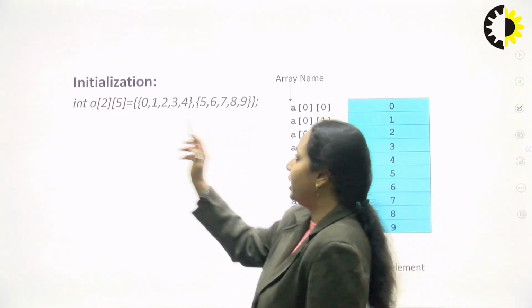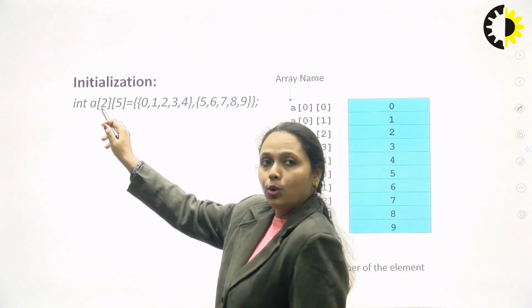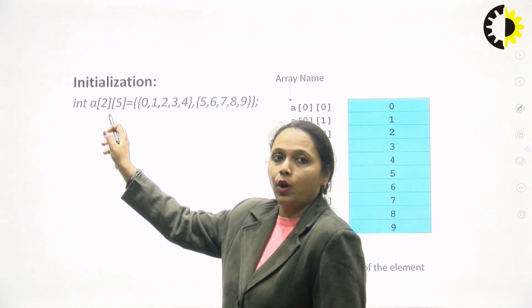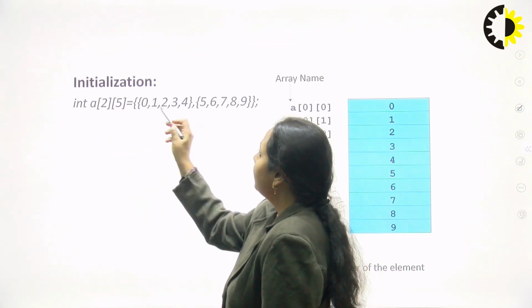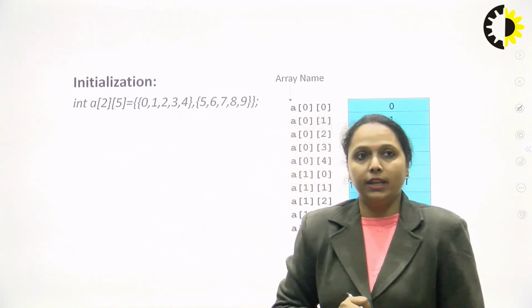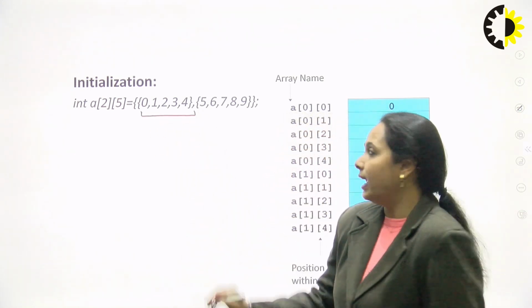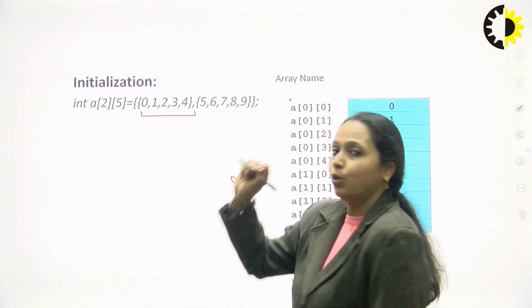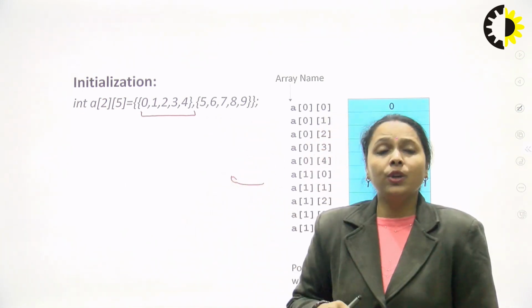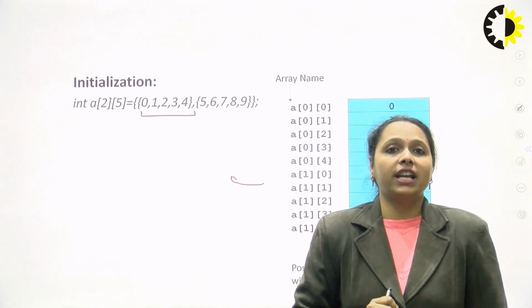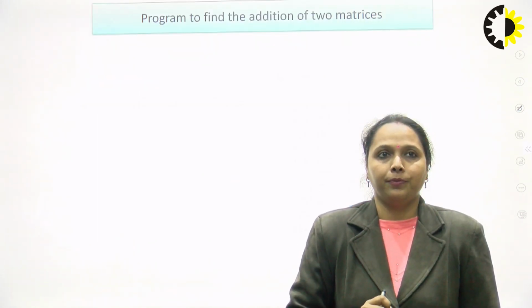You know there are 2 rows and each row has 5 columns. So within the curly brackets, you will provide 5 different values. The first 5 values are for row 1 and the second 5 values are for row 2. In this way, it is initialized within the memory.